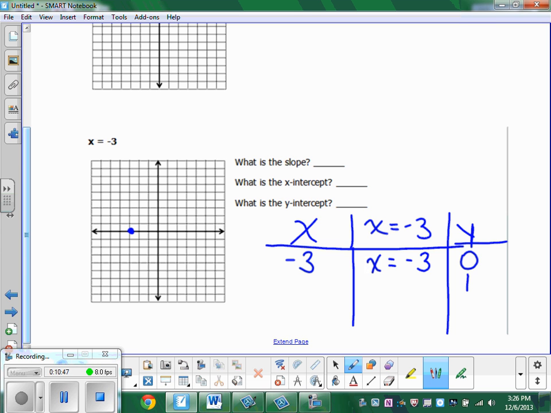Let's put 1 in for y. Nowhere to substitute it in, our statement remains true. x is still -3. Let's put 100 in for y. Still nowhere to put this value in for y. Thus, x will still equal -3. This means no matter where we put y, no matter where we have a y value, our x value will continue to be -3.